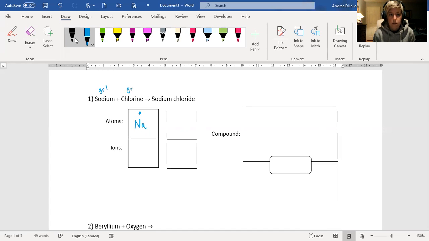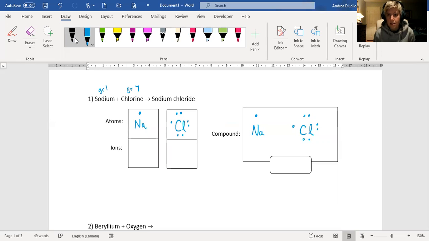Chlorine is in group 7, so that means it has 7 valence electrons. So chlorine: 1, 2, 3, 4, 5, 6, 7. Now, if we're looking at our formation of the compound, we have sodium with 1 valence electron, chlorine with 7 valence electrons.